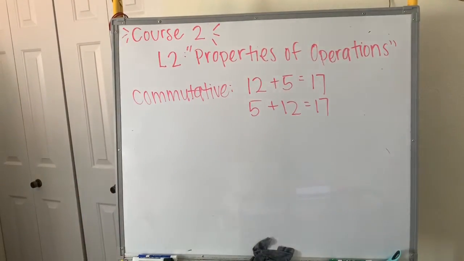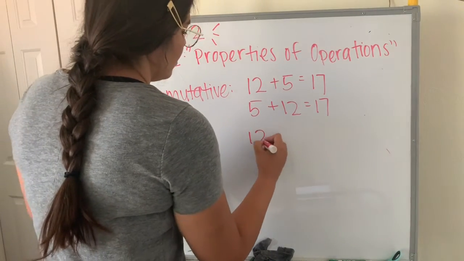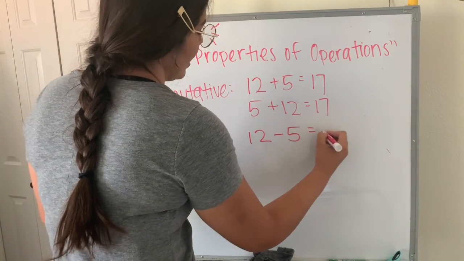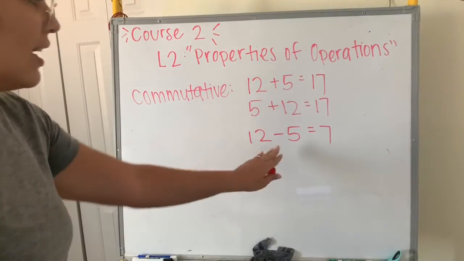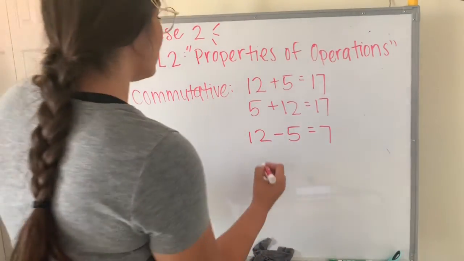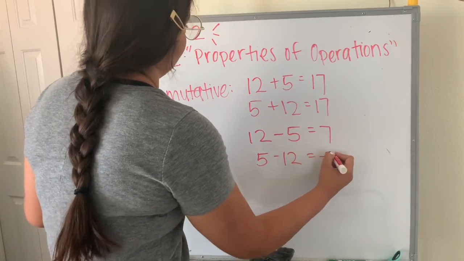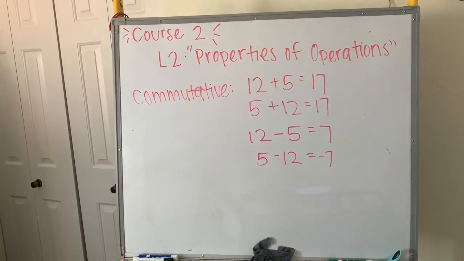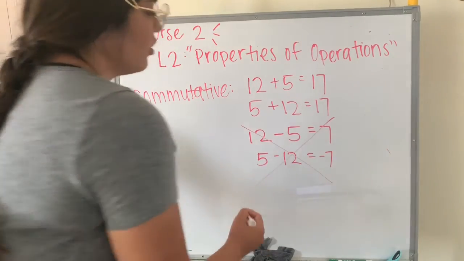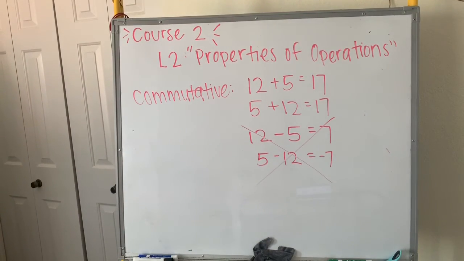But what if I did that with subtraction? 12 minus 5 equals 7. Can I flip those digits and get the same value? No, I cannot. So the commutative property does not work for subtraction.